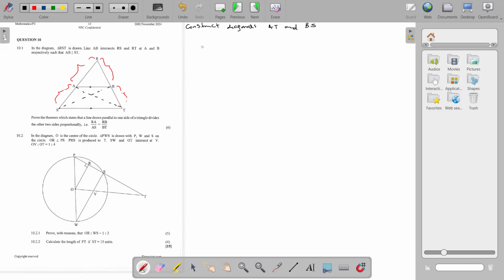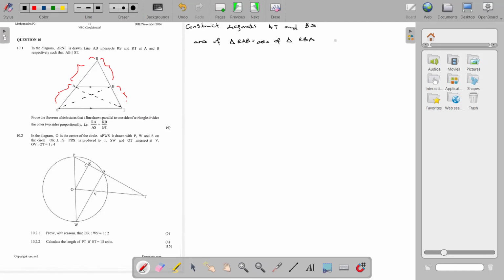So from what we already have, we have to know that area of triangle RAB is equal to area of triangle RBA.